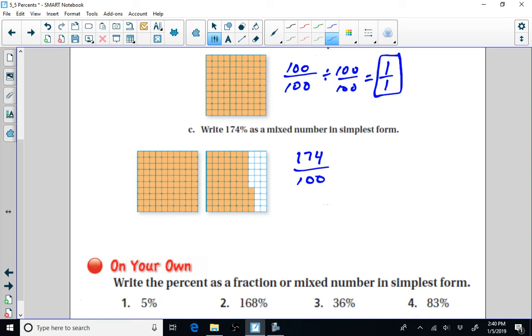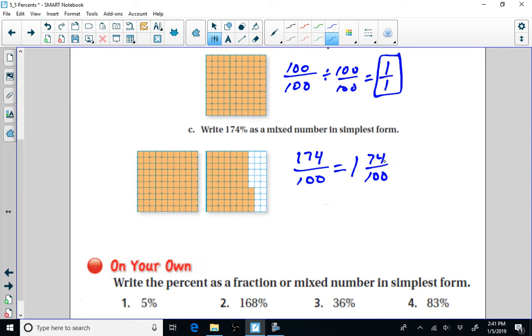And then I want to simplify this. Well, first I'm going to simplify this by dividing 100 into 174. And 100 goes into 174 one time with 74 left over out of 100. So that would be my first step, to write it as a mixed number. And then I want to simplify 74 over 100.